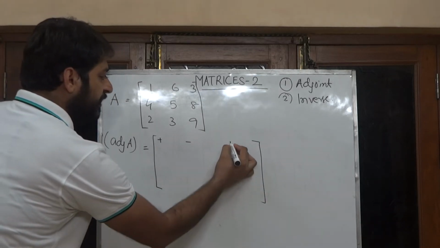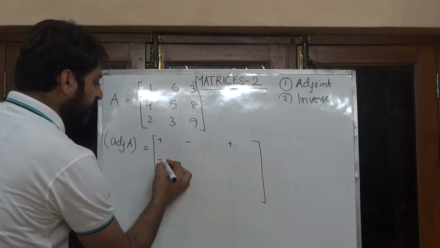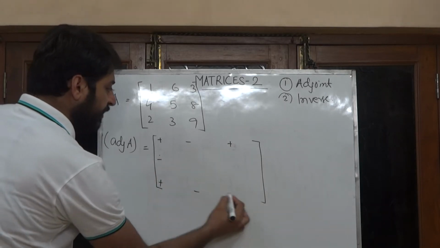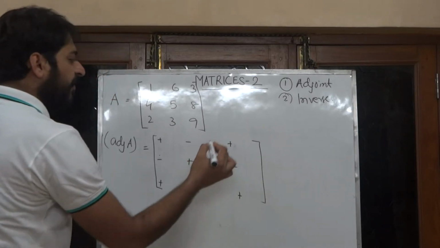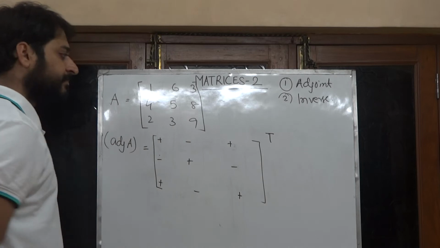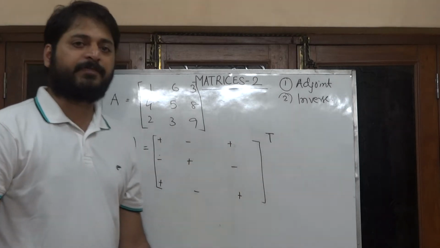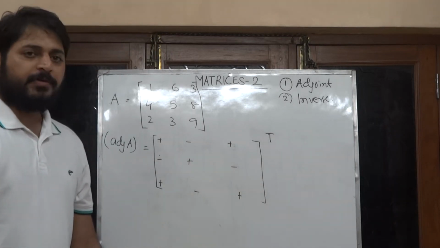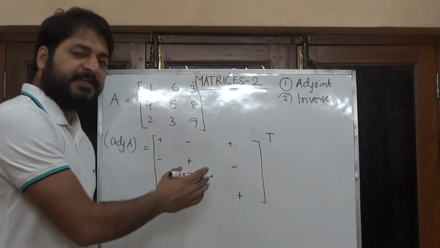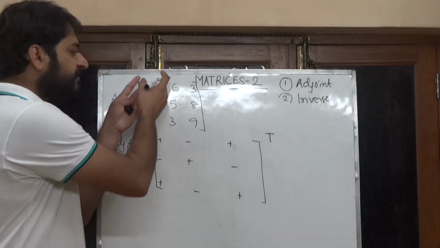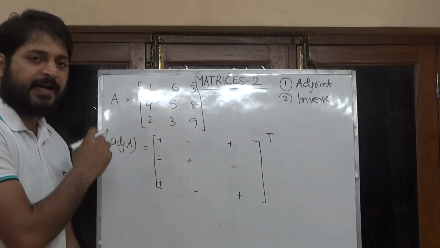You put initially your signs, the alternating arrangement of plus minus, so that you cannot forget these signs later on. After this, put the T here. This is the full format of finding the adjoint. Now you don't have to take care of the sign every time. Forget about the sign, just find the minor from this matrix and put it there.